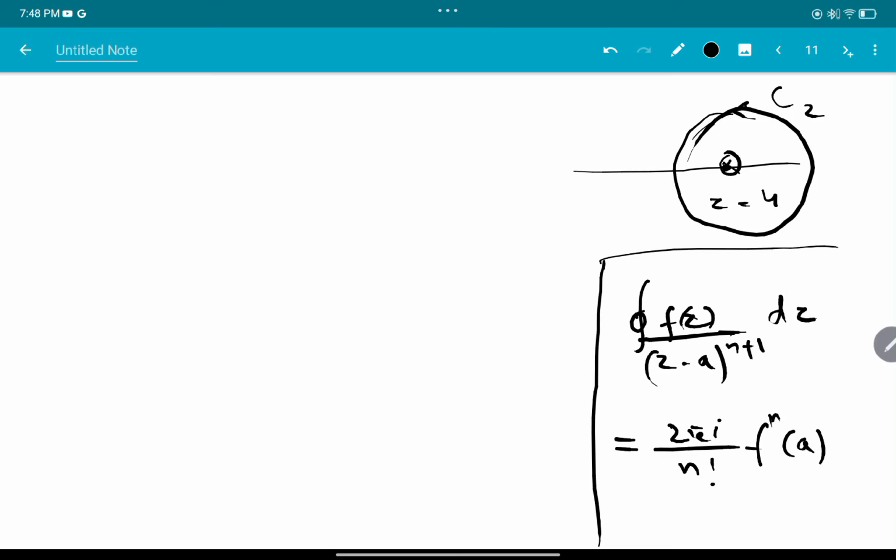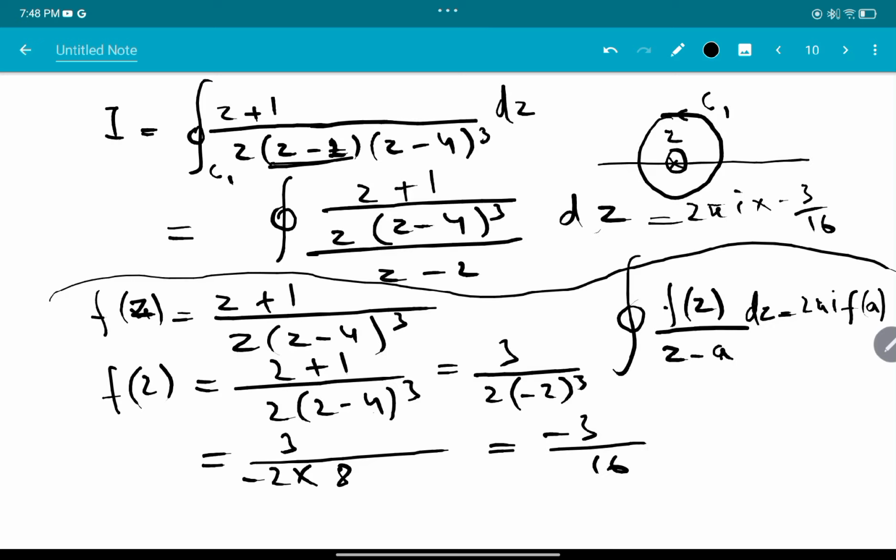Now apply this here. The most important thing when you apply this is to do one thing first that will actually help you a lot, in the sense that you won't commit many mistakes. It will save you from making mistakes. Let us take what is n here. The denominator has the power of this z minus 4 as 3.